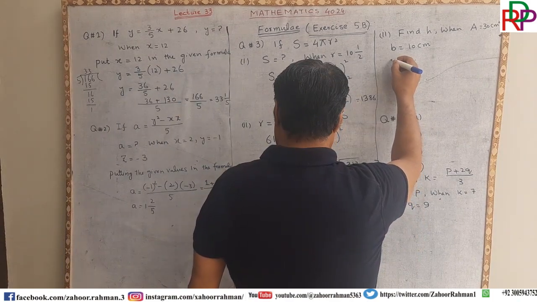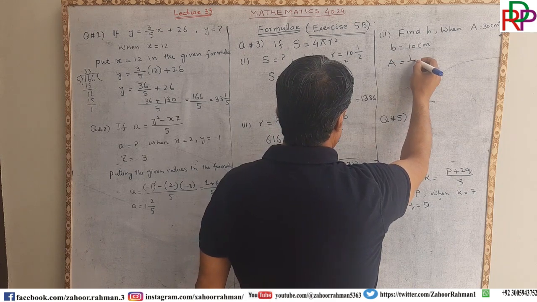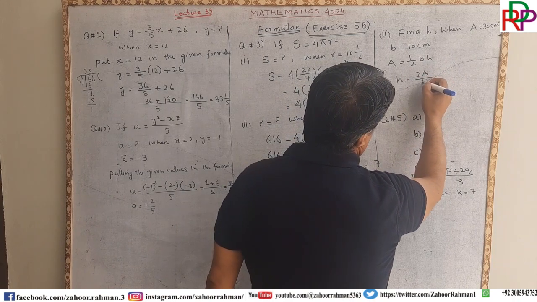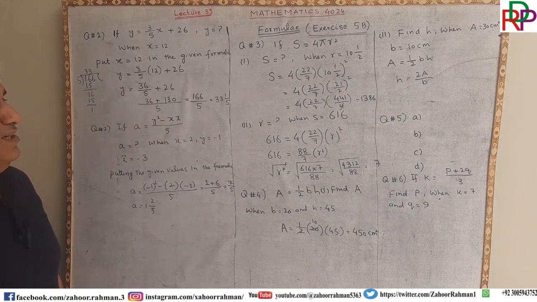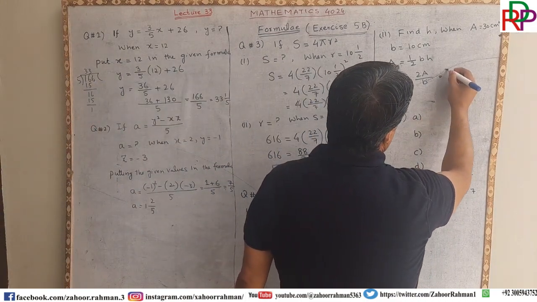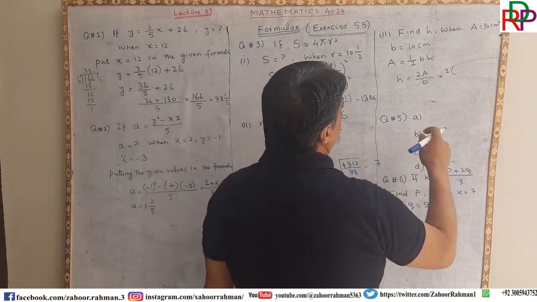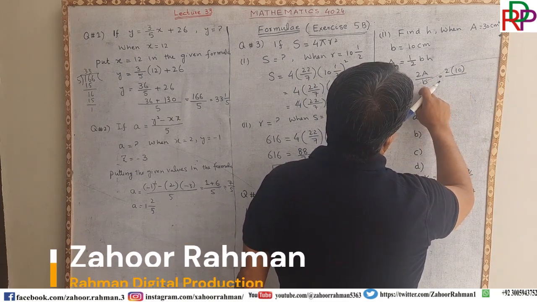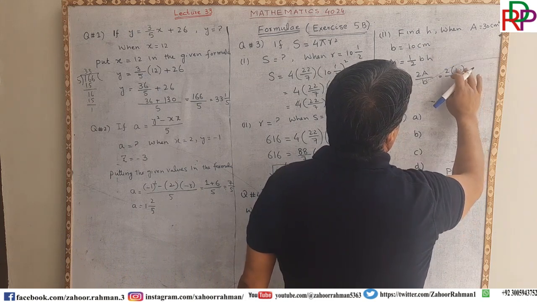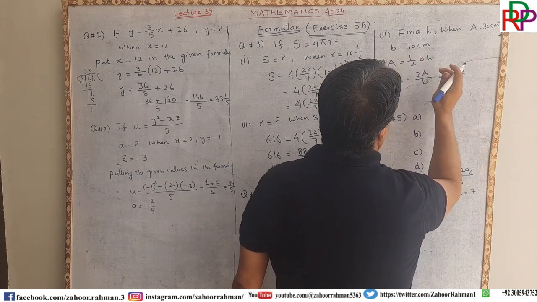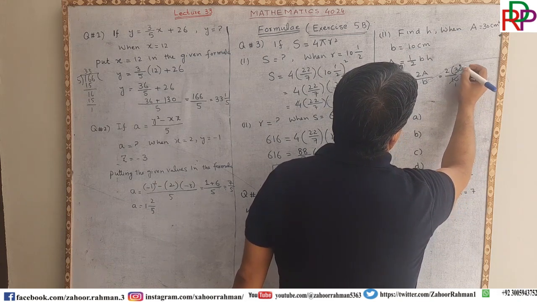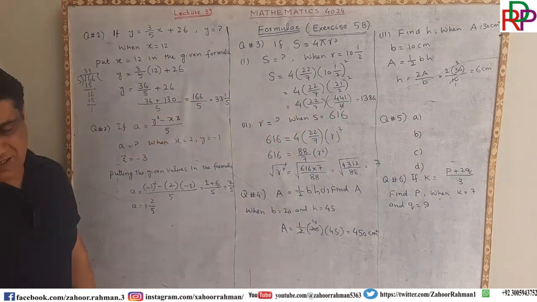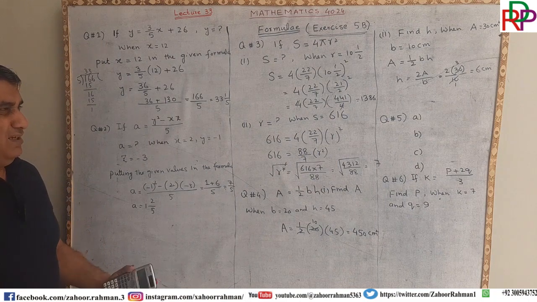So first of all, let us write it originally 1 over 2 into BH, and H is equal to 2A divided by B. So H is now the subject, and we have to put the values 2, and the value of A is given as 30, and the value of B is given as 10. 10 ones are and 10 threes are, so 6 centimeter. Height is in centimeter, not in square.